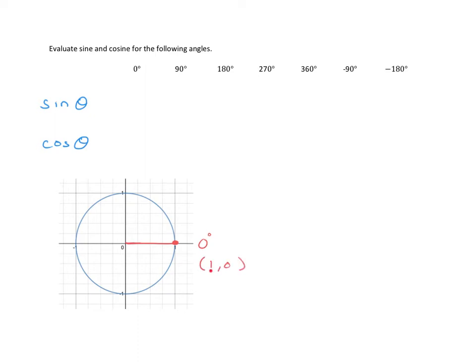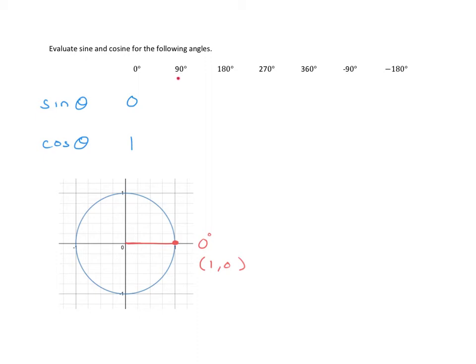Said another way, the x value 1 is what we call cosine, so cosine of 0 degrees is 1. Likewise, sine is the y value, so sine of 0 degrees is 0. When trying to figure out values for sine and cosine, it's nice to think about the unit circle because you can locate x and y coordinates on it.